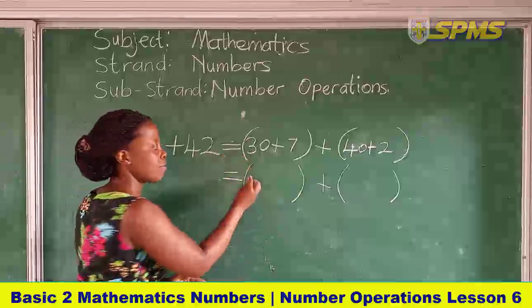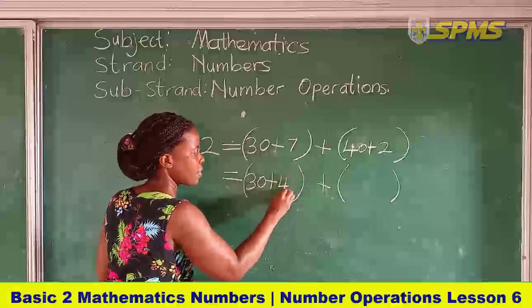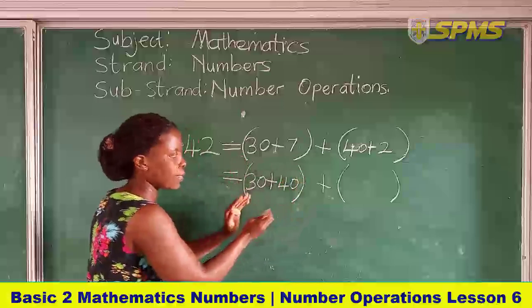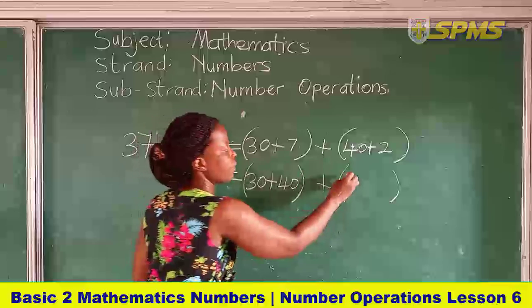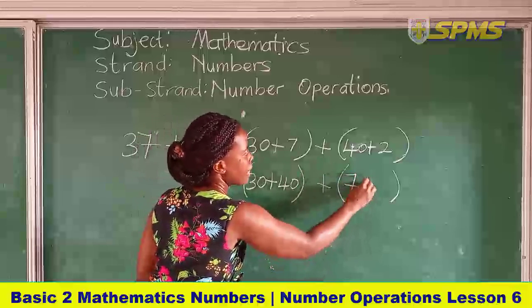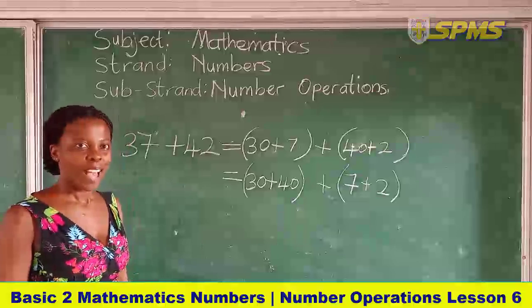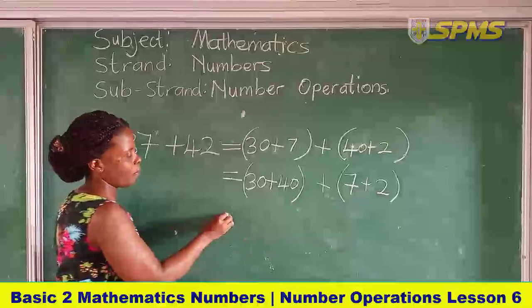We have 30 plus 40. So all the tens are on the one side. Then the ones, 7 plus 2. Are you following? Now let's move on to the third step.